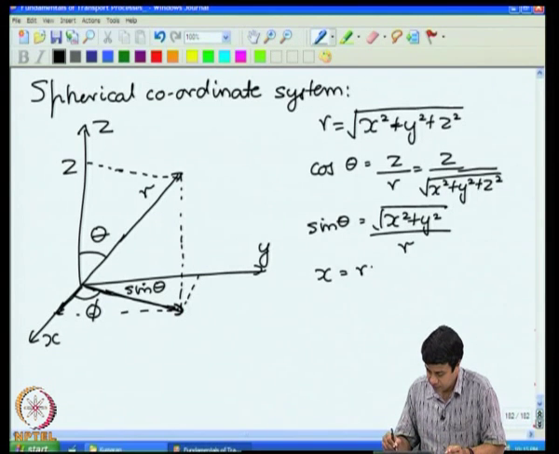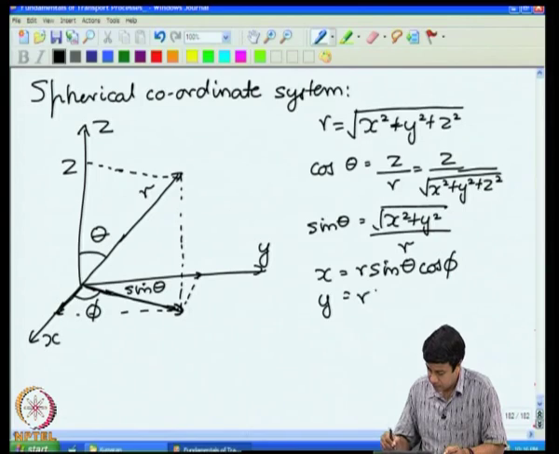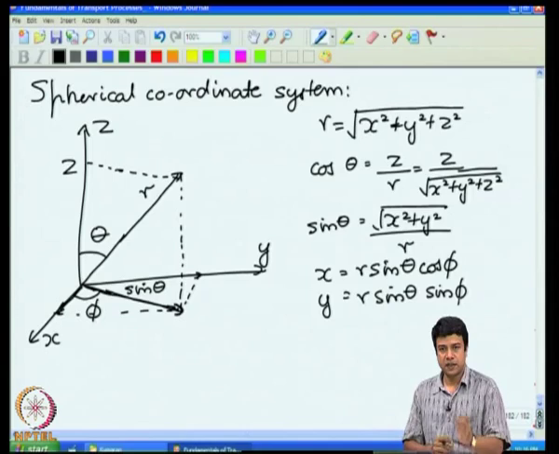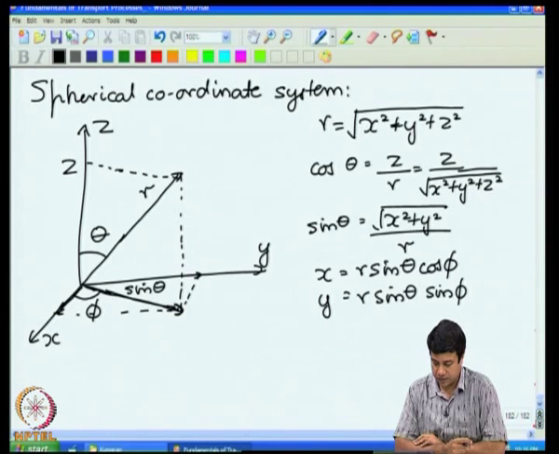Therefore, x is equal to r sin theta cos phi, and y is equal to this distance times sin phi. So, y is equal to r sin theta sin phi. So, these define the coordinate system: r, theta and phi. r is called the radius, theta is called the azimuthal angle, the angle from an axis, and phi is called the meridional angle, the angle around the axis.